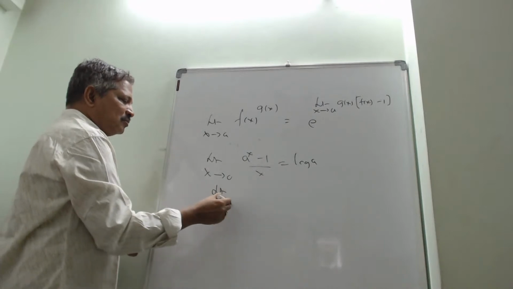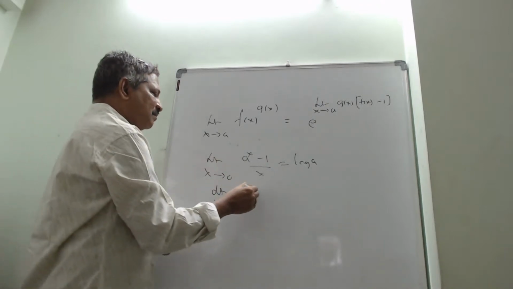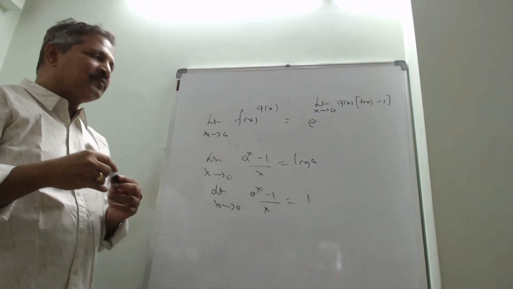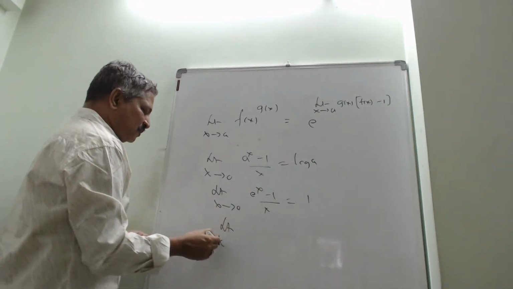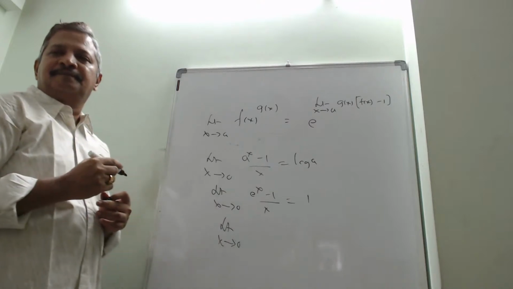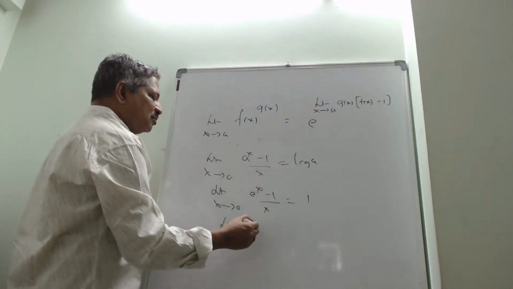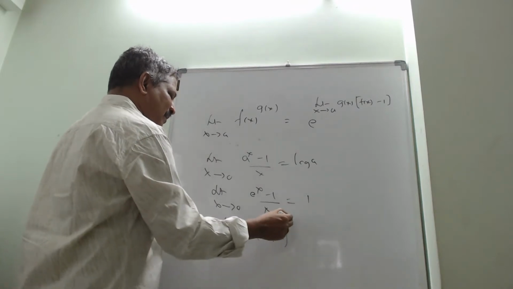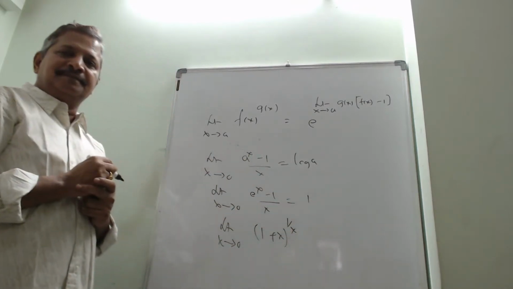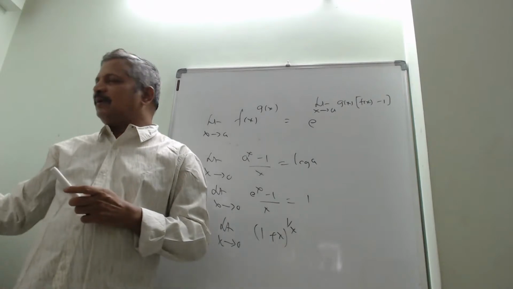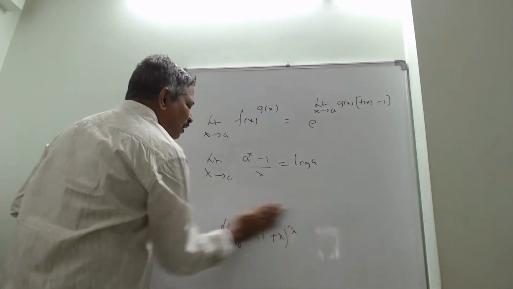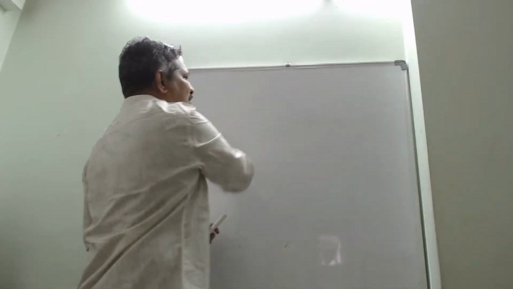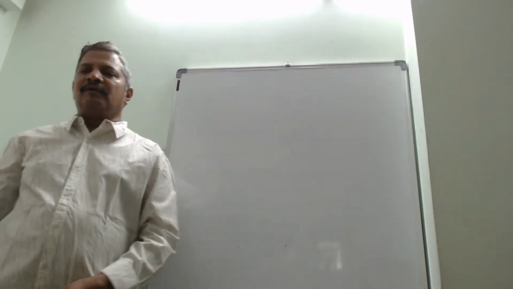Limit x tends to 0, (e power x minus 1) by x is log e, that is 1. Limit x tends to 0, (1 plus x) power 1 by x is equal to e. So these are the fundamental formulas, already you are aware of this. Now coming directly to the major problems only we will do.